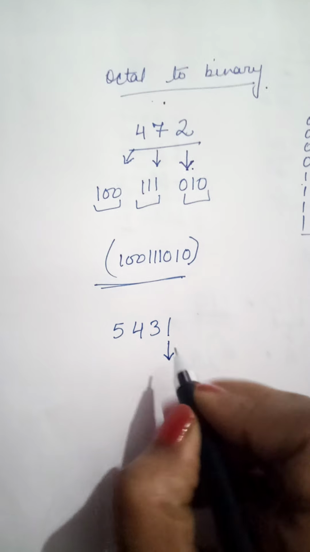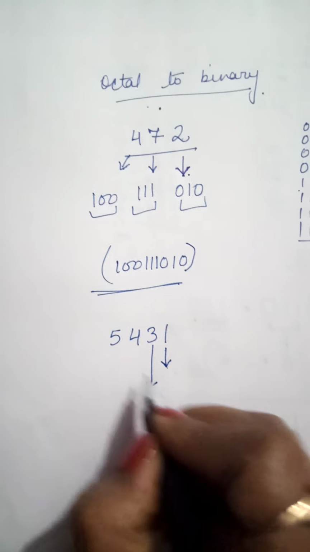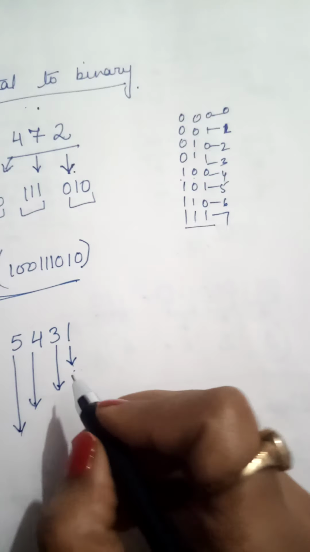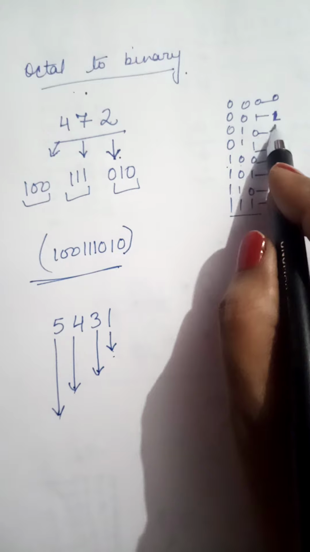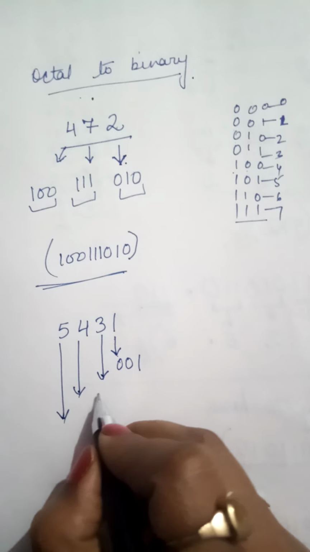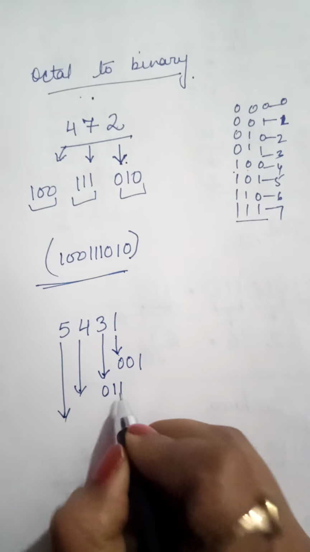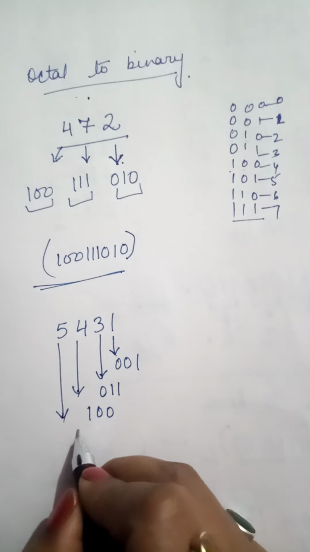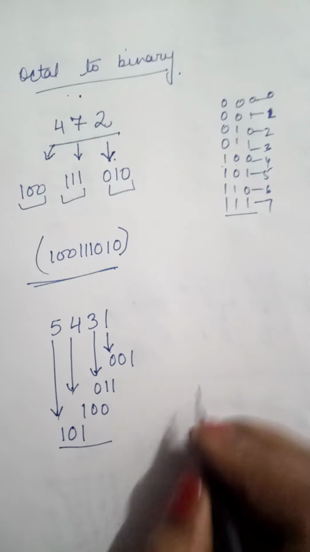Now I am going to take one more example, that is 5431 suppose. Then binary equivalent of 1, then 3, then 4, then 5. Binary equivalent of 1 will be in 3 bits 0, 0, 1, then 3, 0, 1, 1, then 4, 1, 0, 0, then 5, 1, 0, 1.